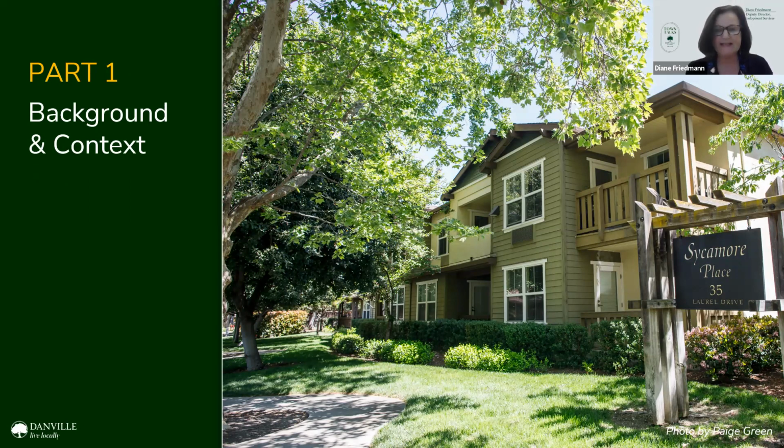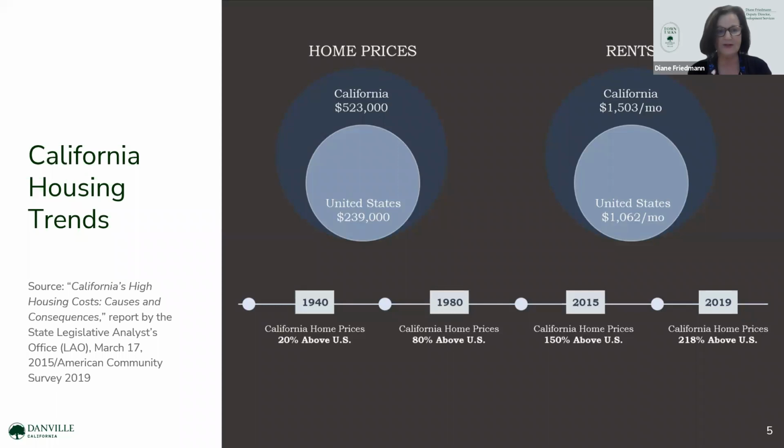So we'd like to set the stage for our discussion with some background and context about housing. Next slide. I want to review with you a little bit about housing trends. At the start, by acknowledging that for a long time now, it's been very expensive and remains very expensive, and is continuing to be more expensive to live in California. But as a 2015 report by the State Legislative Analyst Office illustrates, the disparity between California's housing costs and the rest of the nation has grown dramatically over the decades.